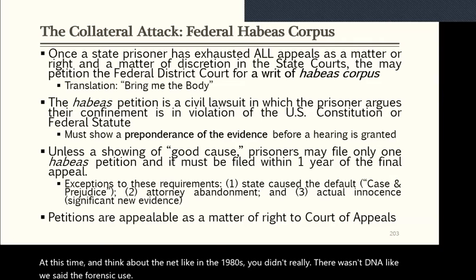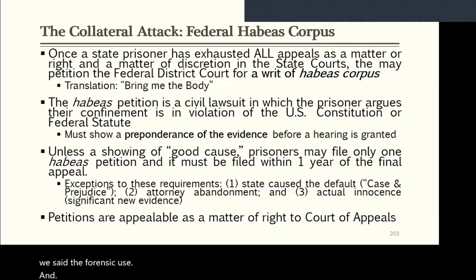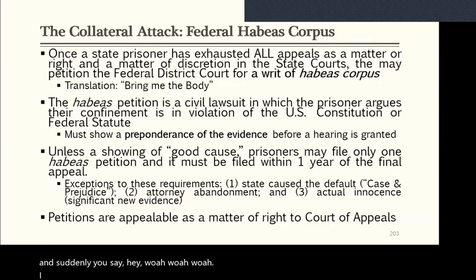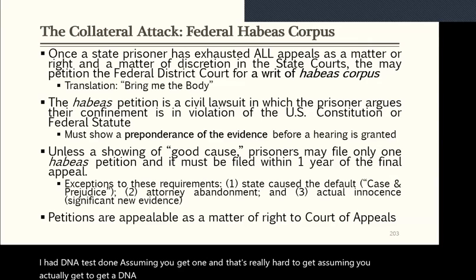And then the 1990s and 2000s come around and we see the advent of DNA and the uses of it. And suddenly you say, hey, look, I had a DNA test done, assuming you get one, and that's really hard to get. But assuming you actually get a DNA test and it shows that you didn't match the semen or the blood or whatever, right?